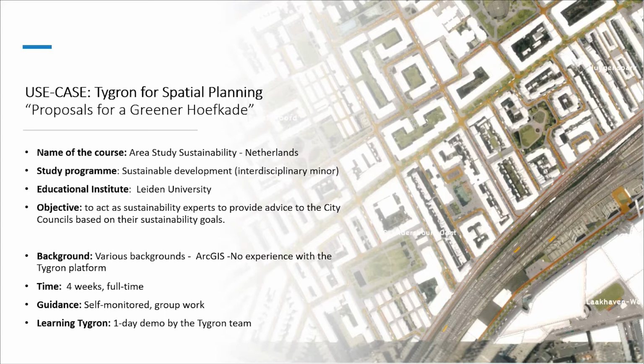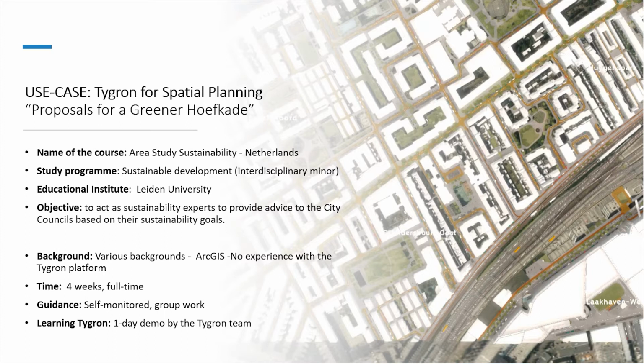Students were supposed to act as sustainability experts to provide advice to the city council based on the sustainability goals of this city council. So one group of 4 students were randomly assigned to use the Tygron platform to develop a plan for the municipality of The Hague.